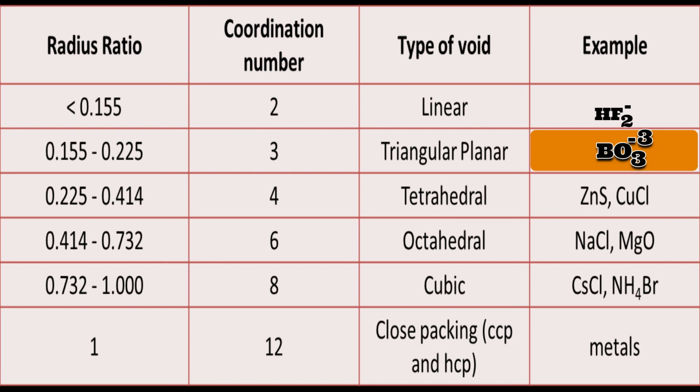So the radius ratio rule gives us an idea about which kind of void will be there, and how will be the occupancy of one particular kind of ion. So in detail, when we discuss the structures, at that time this concept will be clear.